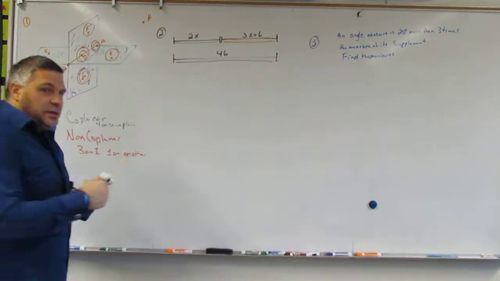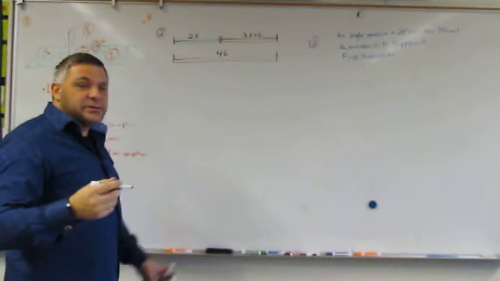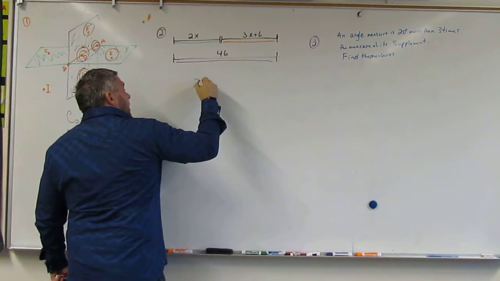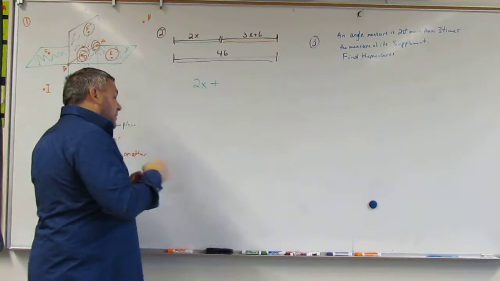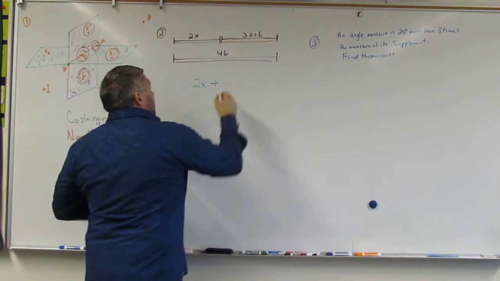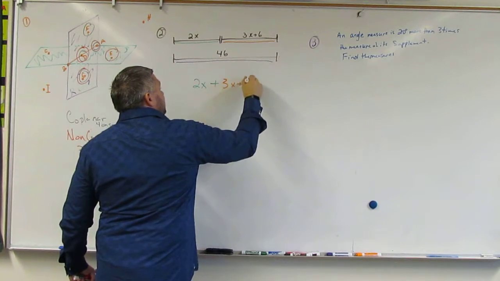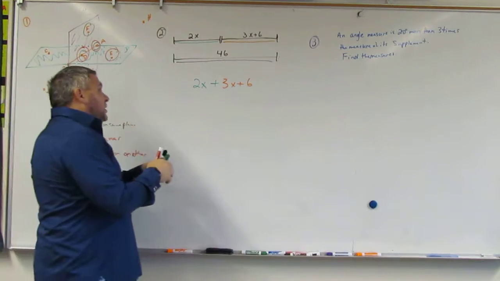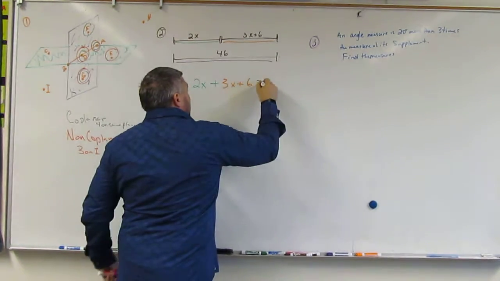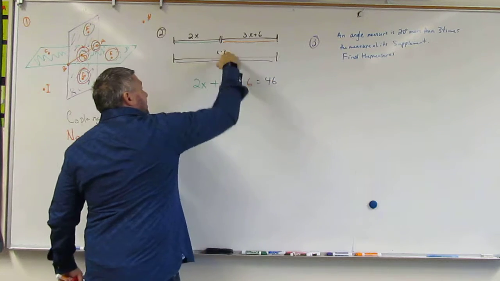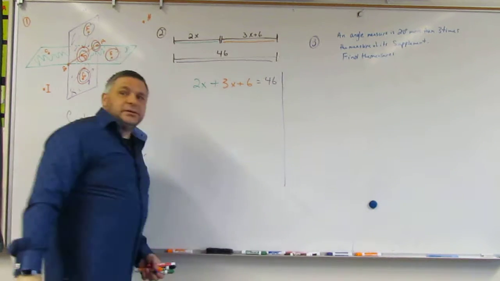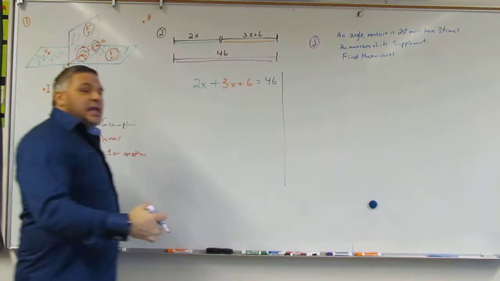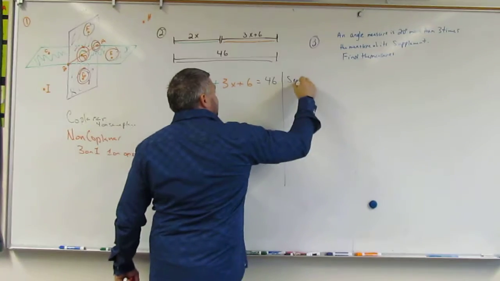In other words, guys, focus. 2x, that green piece, plus 3x plus 6, the orange piece, should equal 46, the purple piece. And this is segment addition postulate.